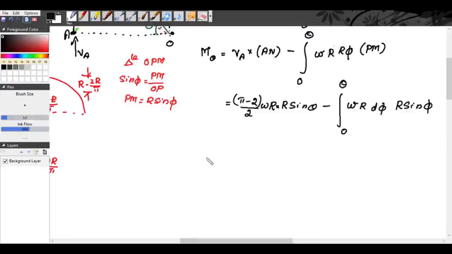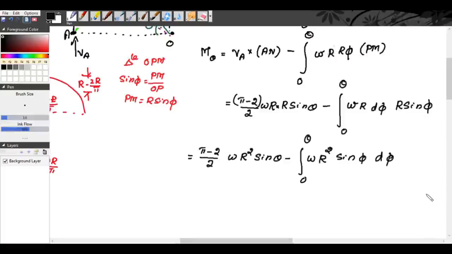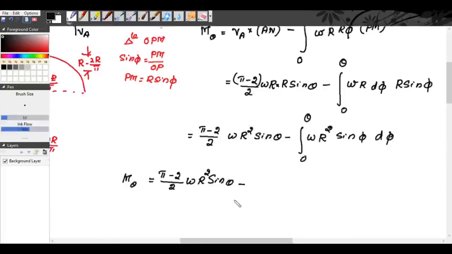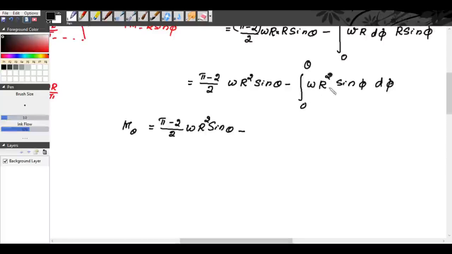So, this is equal to Mθ is equal to (π−2)/2 into WR² sin θ minus integration of 0 to θ WR² sin φ dφ. So Mθ is equal to (π−2)/2 WR² sin θ minus, you can take this WR² constant outside.